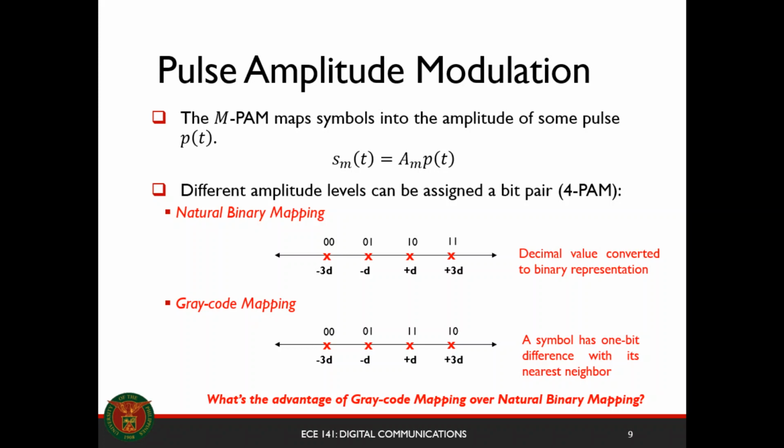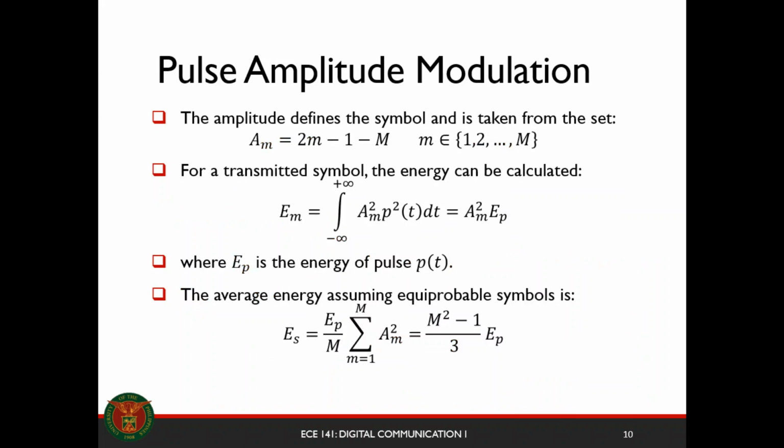Okay, so now let's look at the pulse amplitude modulation. The amplitude of the symbol defines the bits. A sub m here is odd, and this parameter m is taken from this set. So how do we compute the energy?